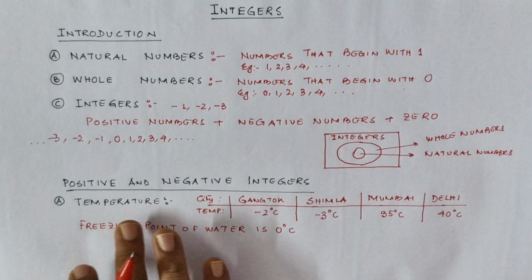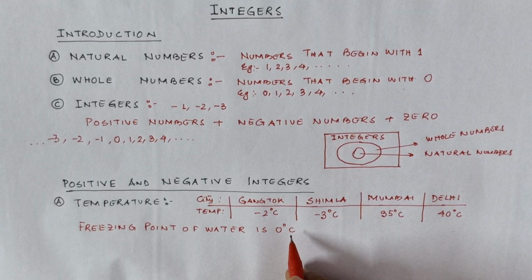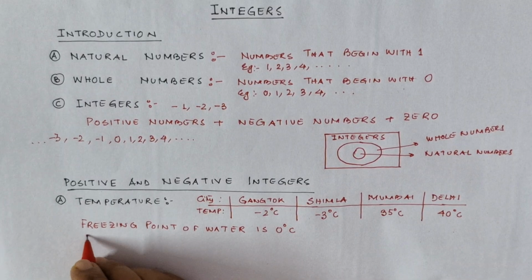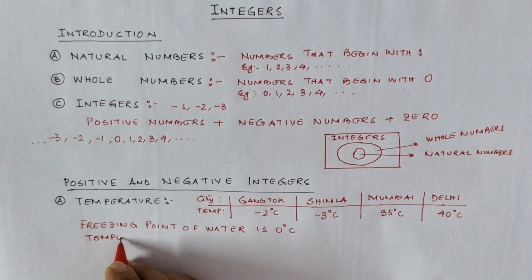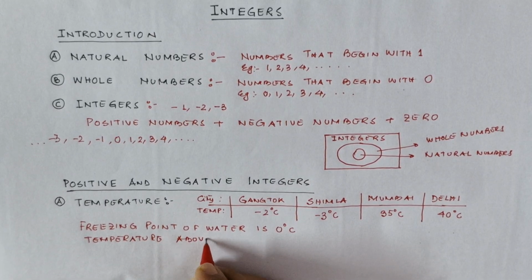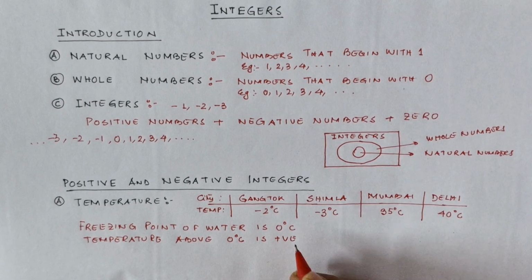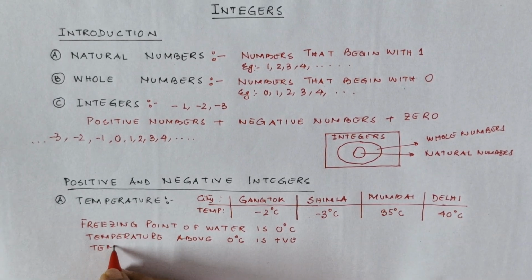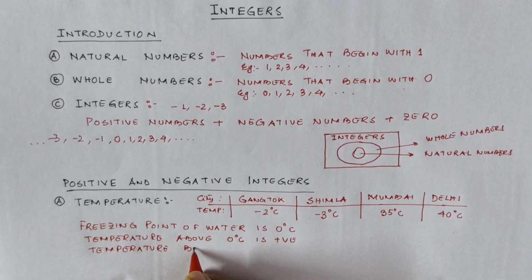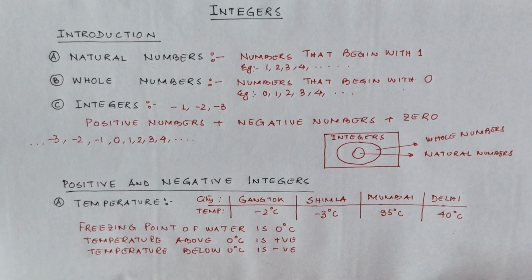So for instance, here in temperature, the freezing point of water is 0 degrees centigrade. Temperature above 0 degrees centigrade is positive and temperature below 0 degrees centigrade is negative.